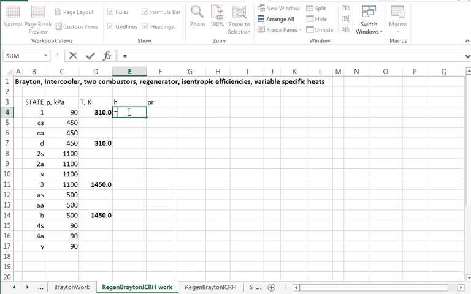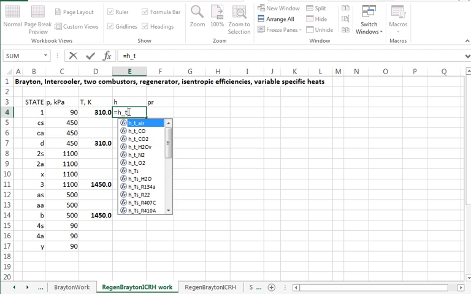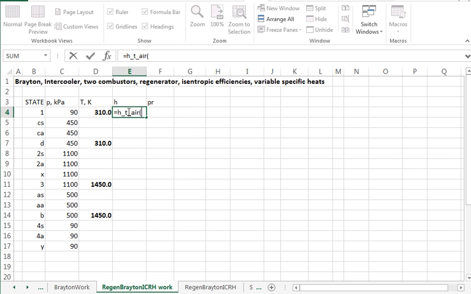So the enthalpy is a function of temperature for air, and I feed it this 310, and it should come back with an enthalpy close to 310. And if I want the P sub R value out of that table as a function of temperature for air, I'll feed it that temperature, and it'll come back with 1.5546.